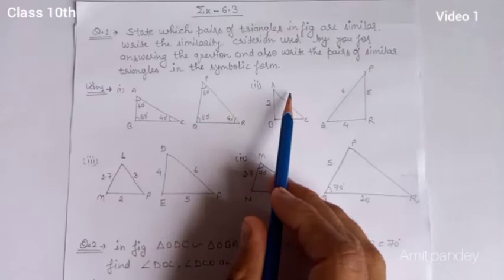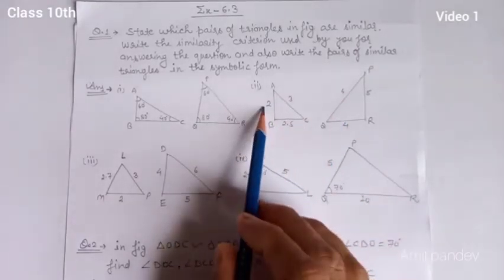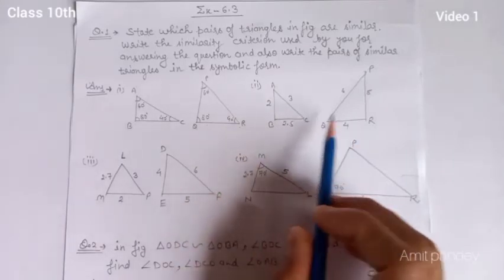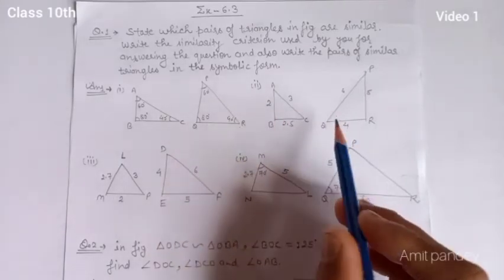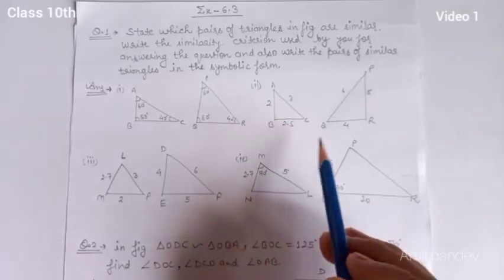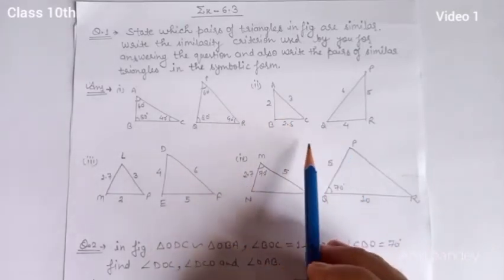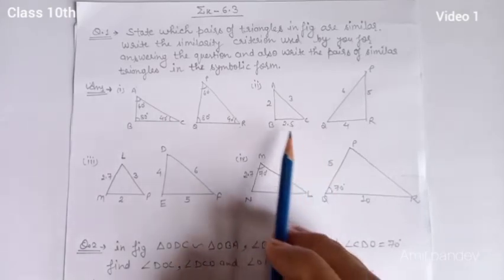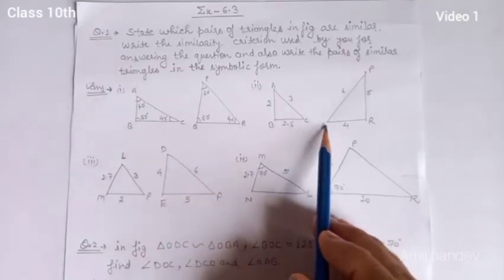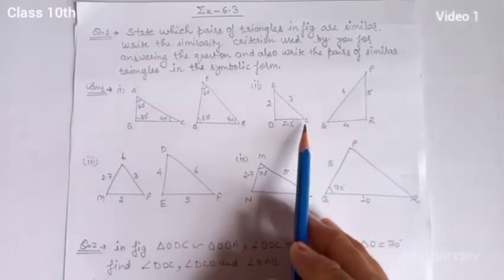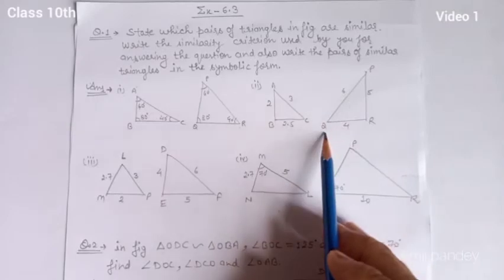Now you can see that 3 and here 6, 2 and here 4, and this one. So if we divide each side by the other triangle's sides, we obtain the ratio as 1/2 here. Okay students, so now we can write the pairs as AB upon QR, BC upon PR, AC upon PQ.